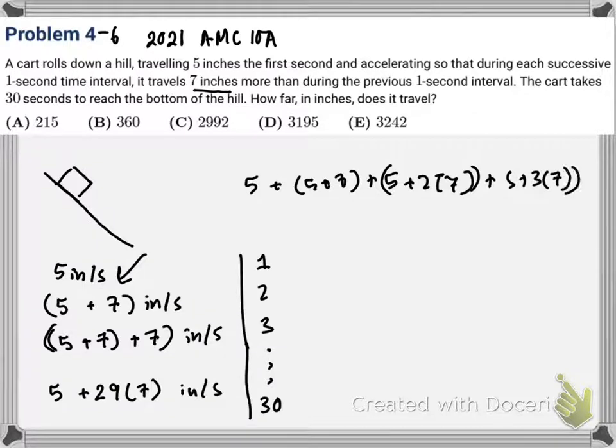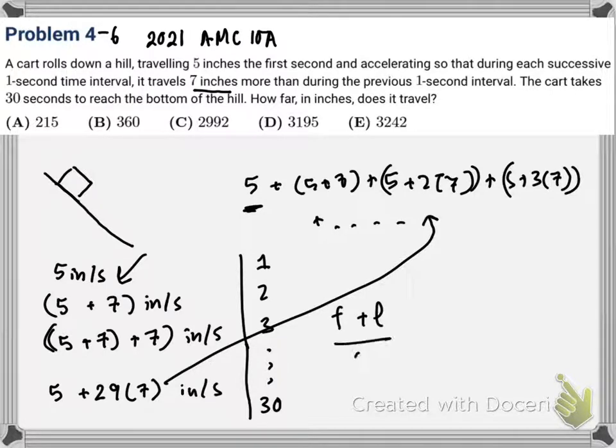And now if we know how arithmetic sequences work, to find the sum of an arithmetic series, you take the average of the first term and the last term, first plus last, divided by 2, times the number of terms there are. So I know there's going to be 30 terms. My first term is 5. My last term is this stuff over here, and I'm dividing that by 2.